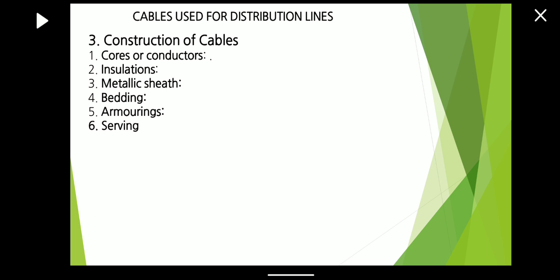There is a possibility of damaging the cable during handling, pulling or laying. In order to avoid this, one more layer in the form of round galvanized steel wire, strip or tape is provided to protect the cable. This layer is armoring. Then the next layer is serving. It is the layer of impregnated hessian tape.